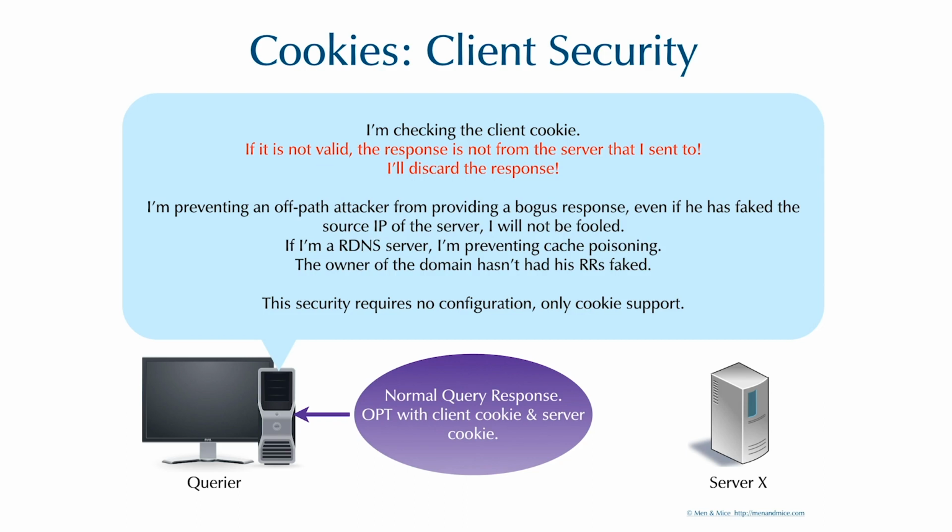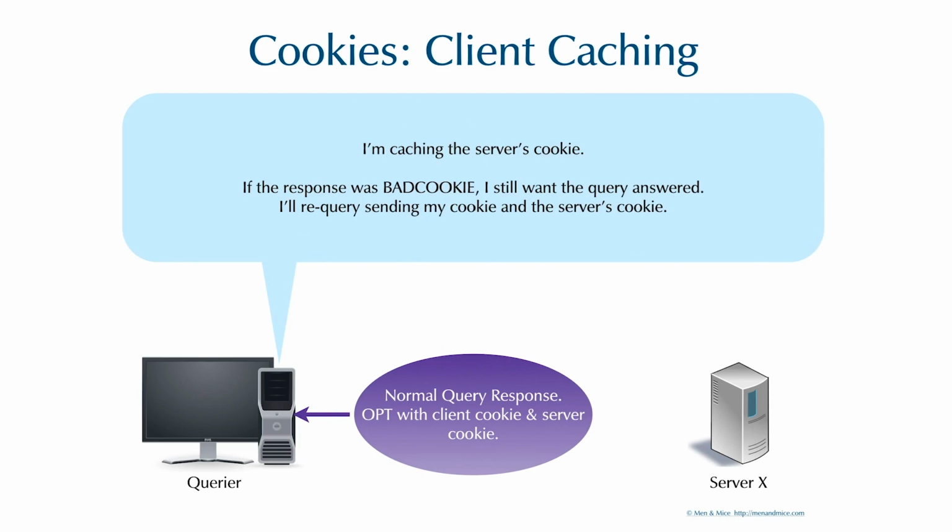Querier sent it, he saw it come back, and therefore he knows it came from the server he sent it to. Now, what does the querier do? The querier caches the server's cookie. Now, don't forget, the querier may have gotten BADCOOKIE. The server had an option. BIND doesn't do it by default, but the server could have said, I'm not sending you an answer, I'm sending BADCOOKIE. You didn't send me a server cookie?